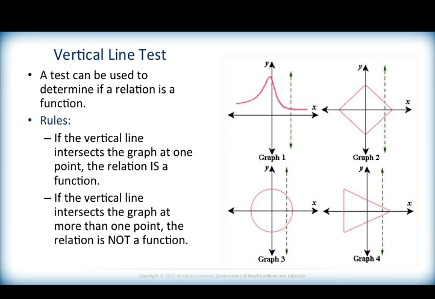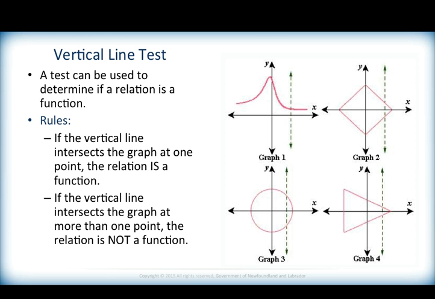The vertical line test is a test that can be used to determine if a relation is a function. There are two particular rules you have to keep in mind for this test. If the vertical line intersects the graph at more than one point, it is not a function. If the vertical line intersects the graph at only one point, it is a function. If you look at the examples on the right-hand side, we have four different graphs.